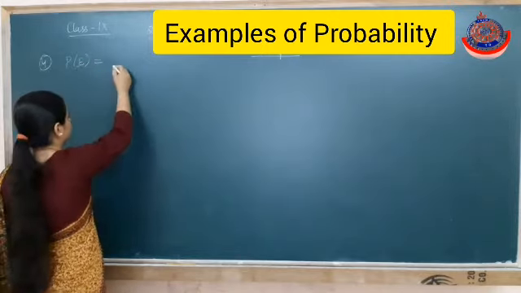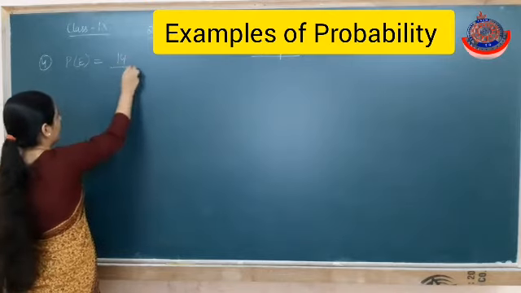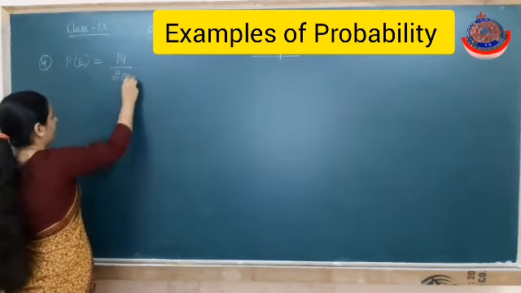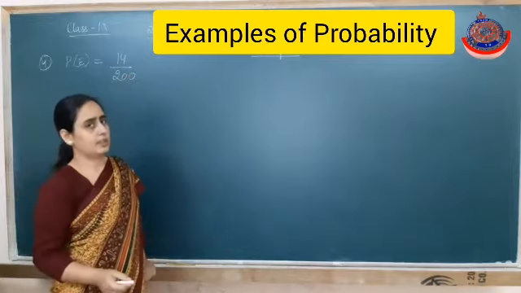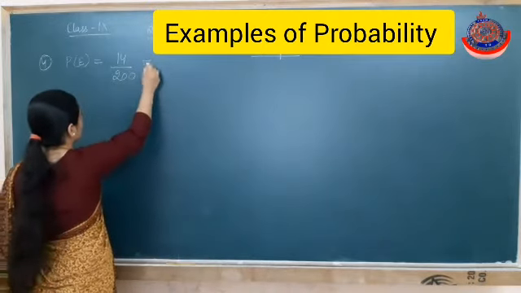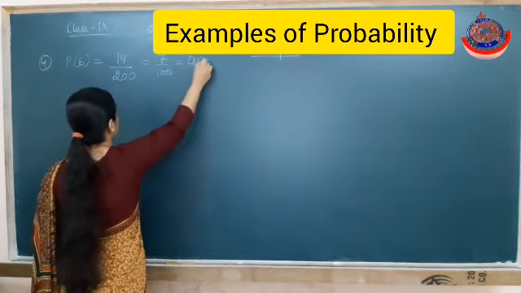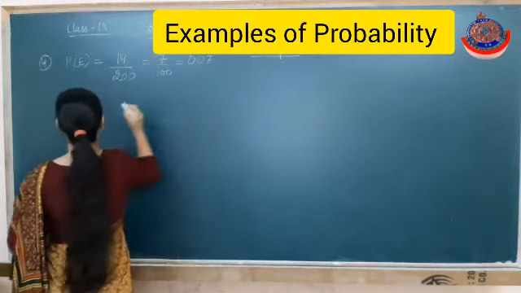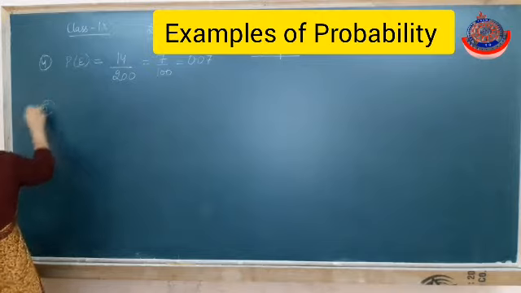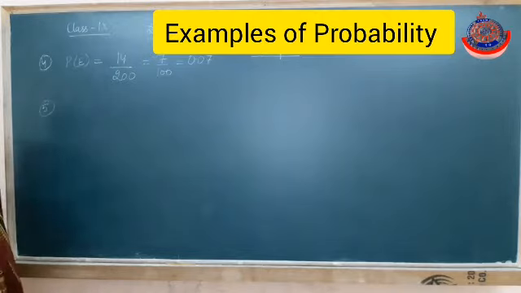Then the answer would be 14 favorable upon 200 total cases. So it will become 7 upon 100, that is 0.07.